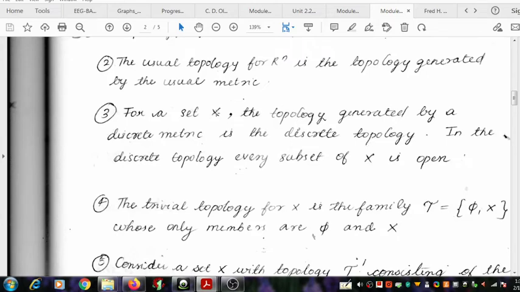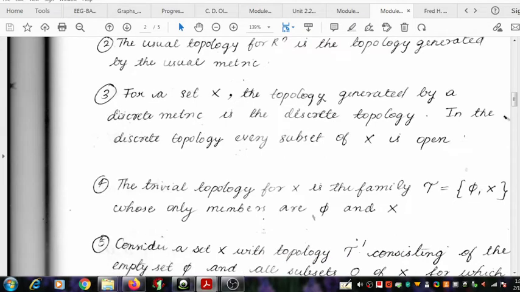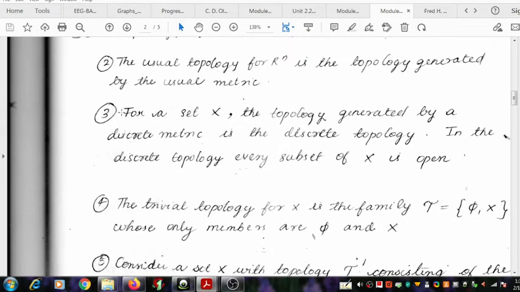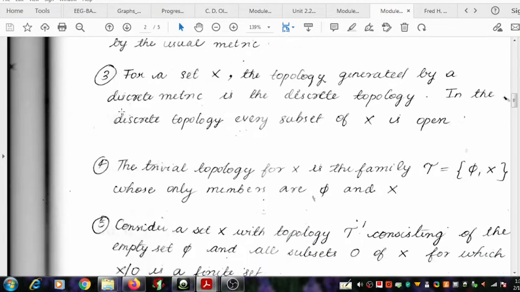Suppose d is the discrete metric defined on X, then d of x, y equals 1 if x is not equal to y, and equals 0 if x equals y. That is called the discrete metric. With respect to the discrete metric, we get a topology called the discrete topology. In the discrete topology, every subset of X is open.